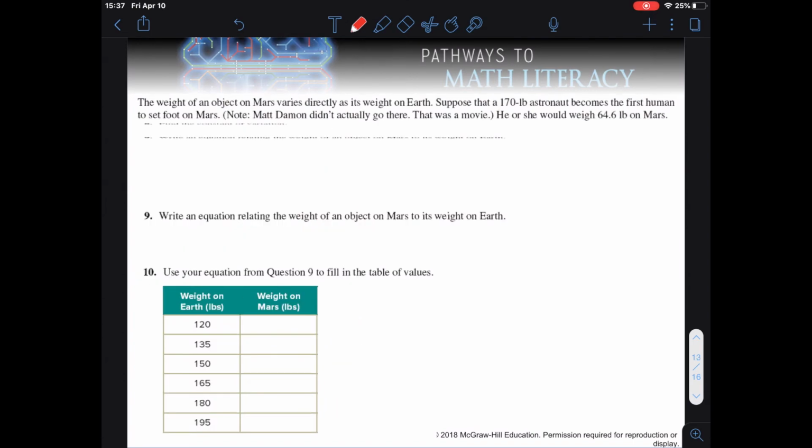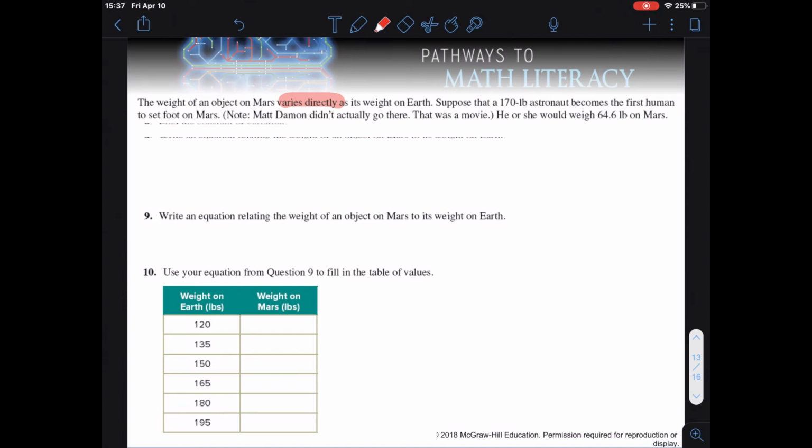So in these instances before, I had a really nice way to get from one to the other. You multiplied by 2, multiplied by 3, multiplied by 4. But in the case you don't have a clear-cut multiplication, finding an equation is going to be a little bit easier. So let's consider the weight of an object on Mars. We're told that varies directly as its weight on Earth.